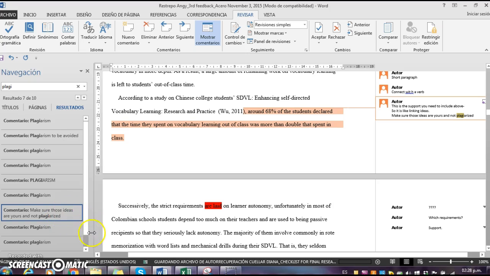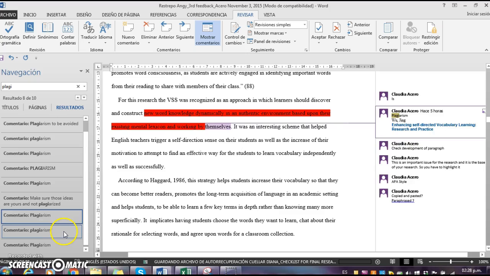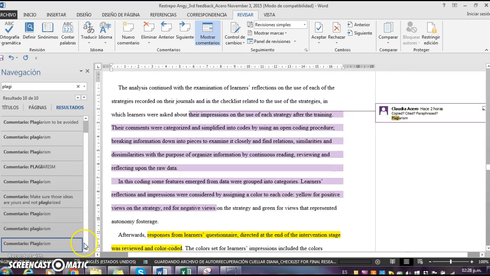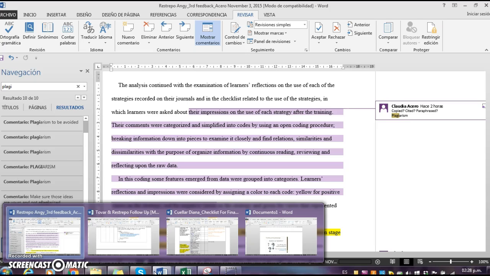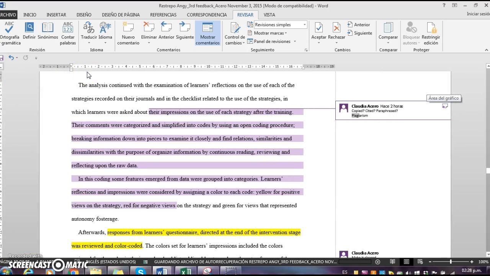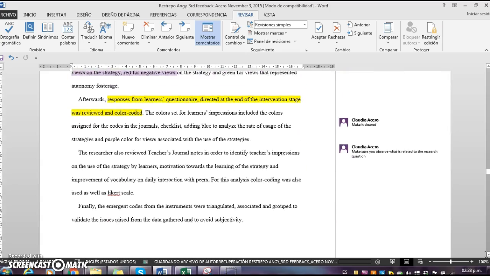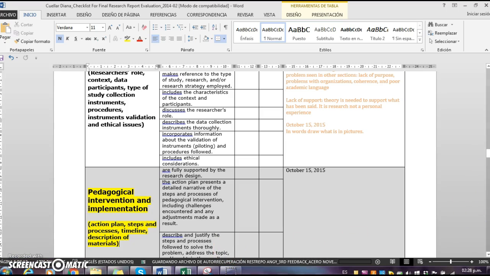Since this is not your final version, there is not a huge problem, but if this issue is not improved in the next delivery, we will start having problems because plagiarism, as you know, is not accepted in a research project, is not accepted in your final research paper, and you have to be careful with citations.